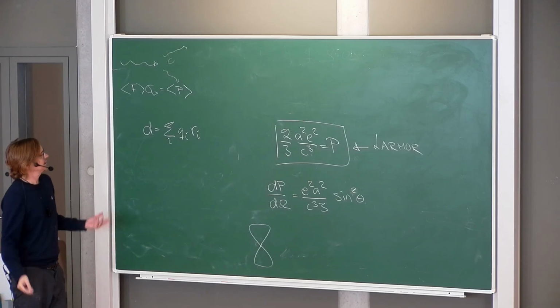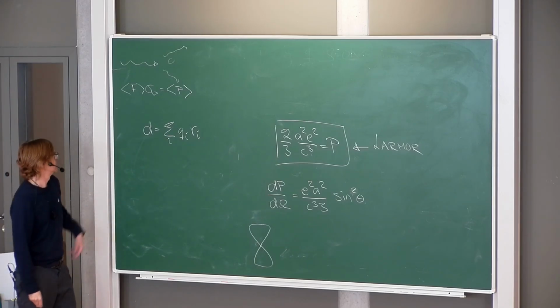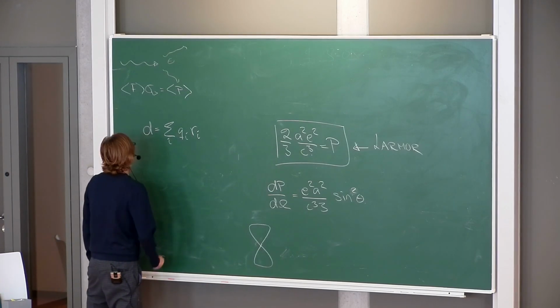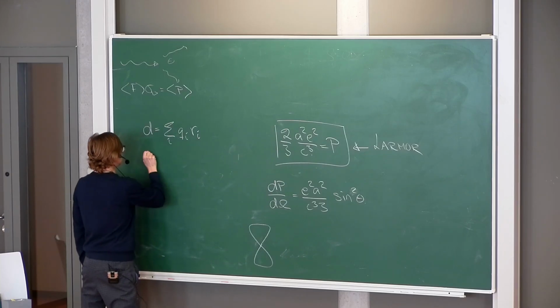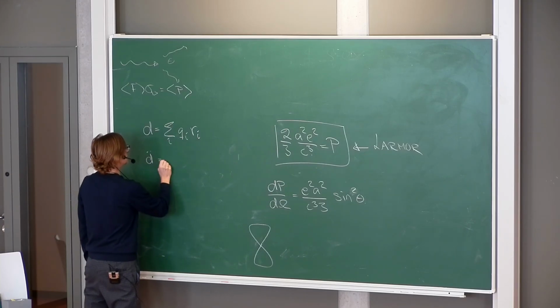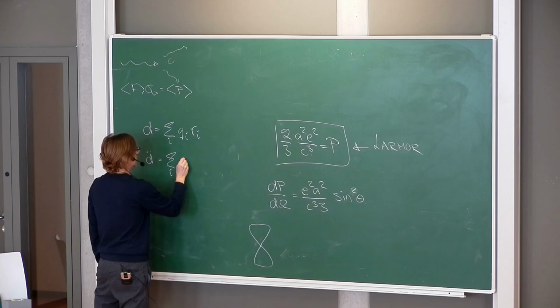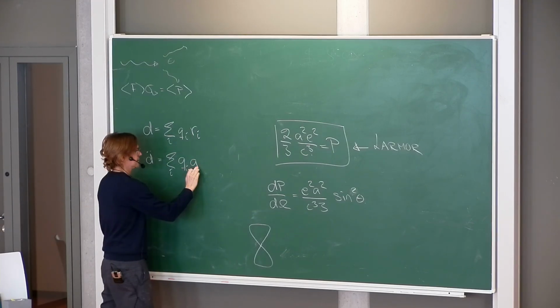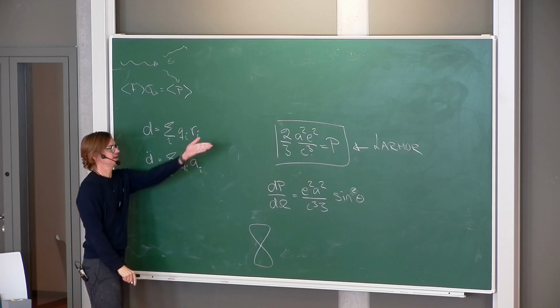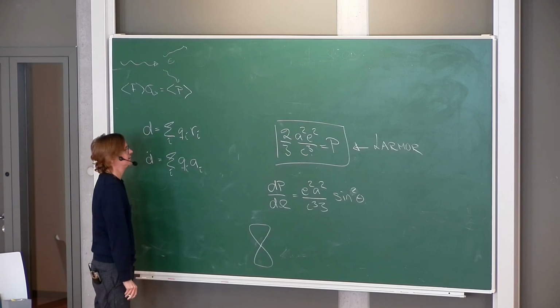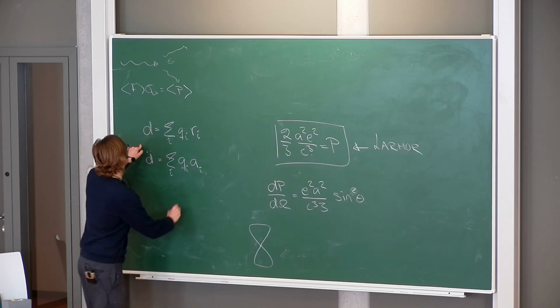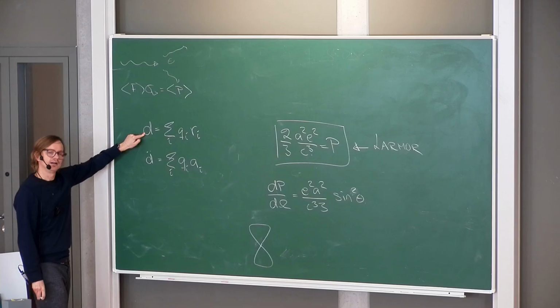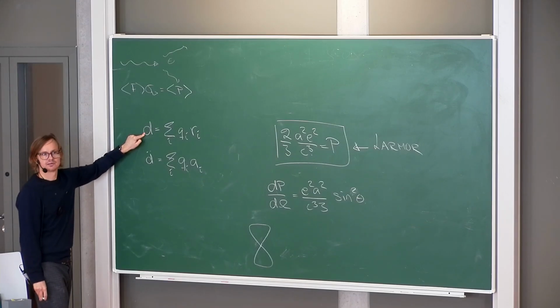So then again, if we take the second time derivative, d double dot would just be the sum over i of q_i a_i, where this is the acceleration which we have there, right? Now, this is typically called the dipole moment.